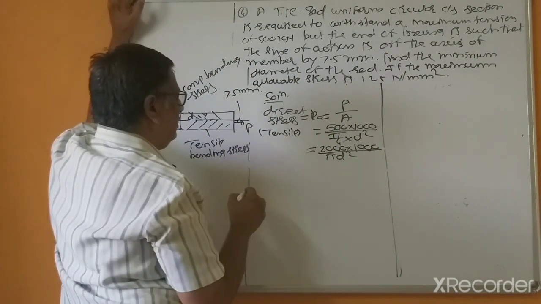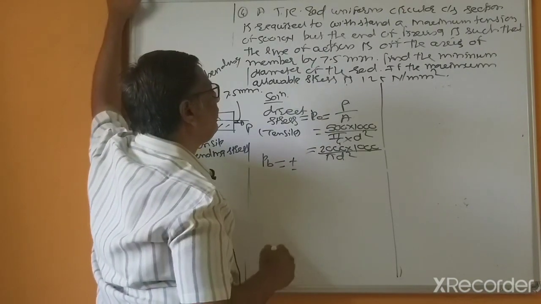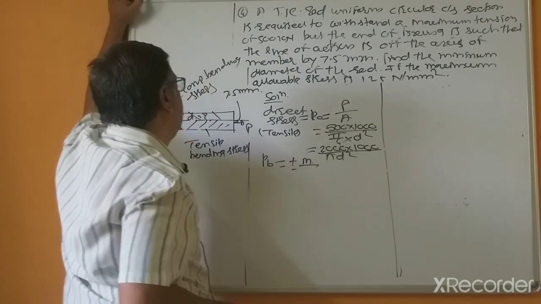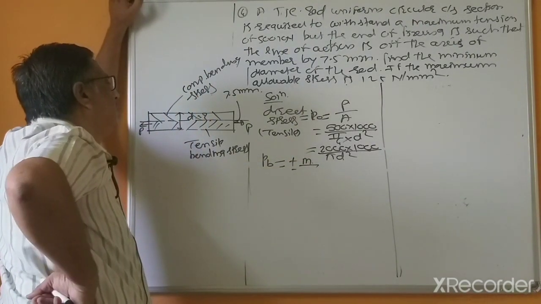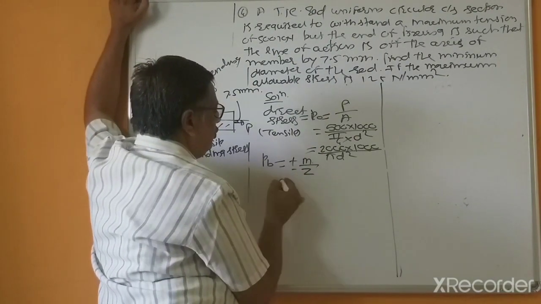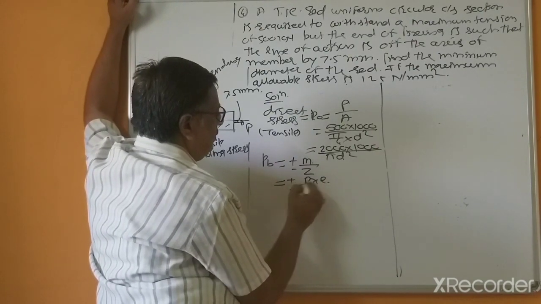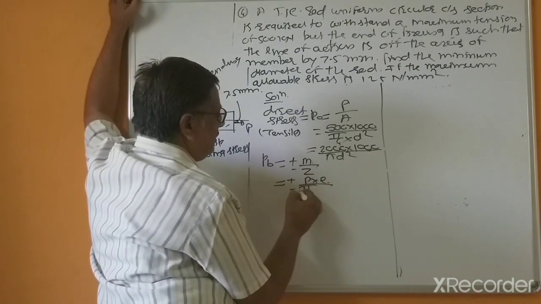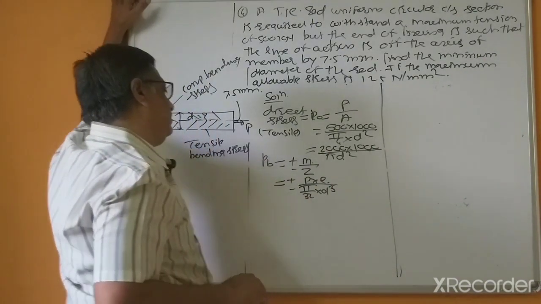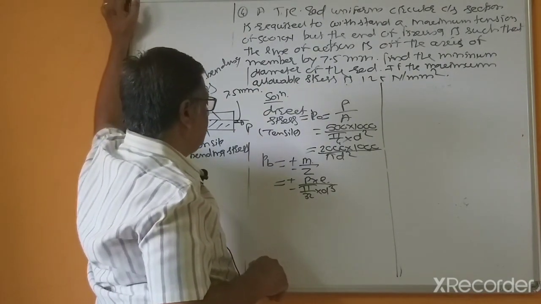So that's why PB equal to plus minus M by Z. That's why we can write this is P into E. Now section modulus is D raised to 3, because this is a solid circular section.